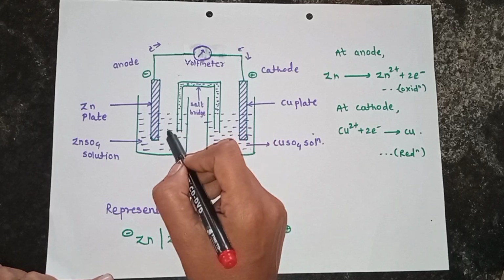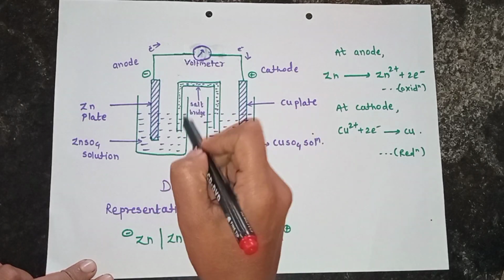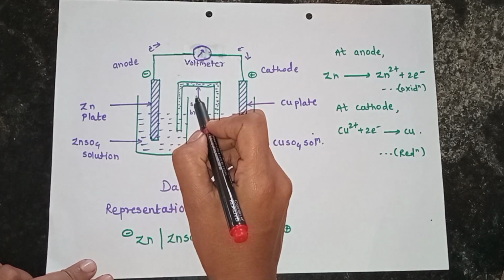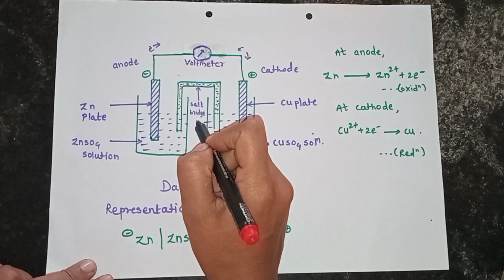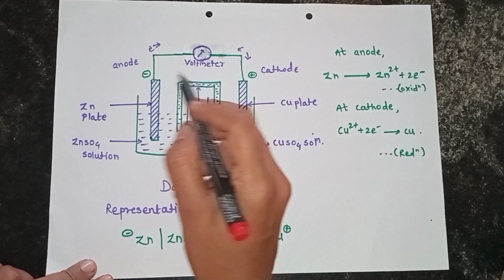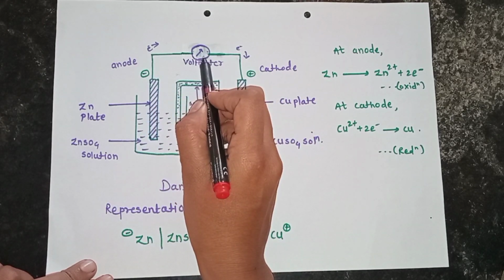These two solutions are connected by a salt bridge. A salt bridge is a U-shaped glass tube containing KCl and agar-agar powder, and the two plates are connected by a voltmeter.